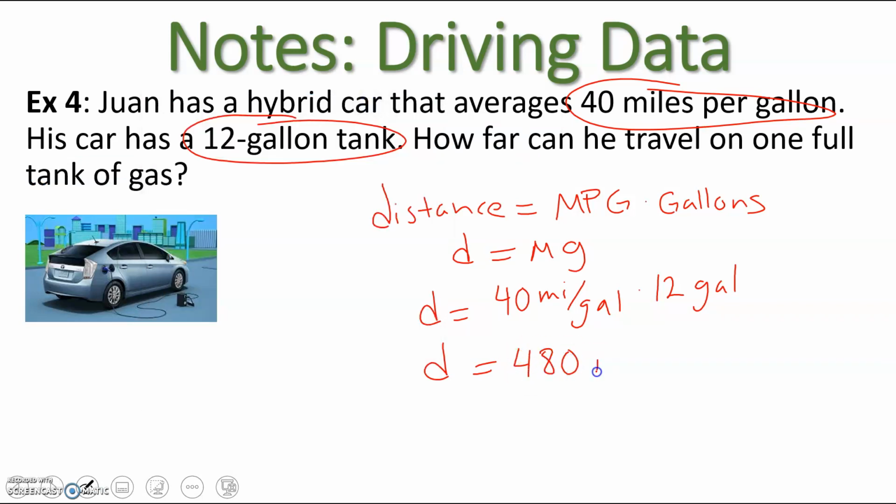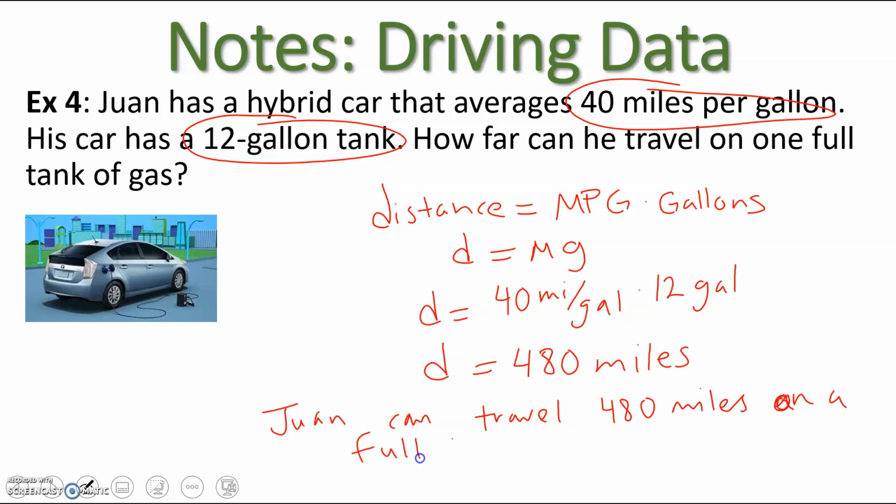So 480 miles is the distance he can travel on one full tank of gas. So Juan can travel 480 miles on a full tank of gas. Not bad.